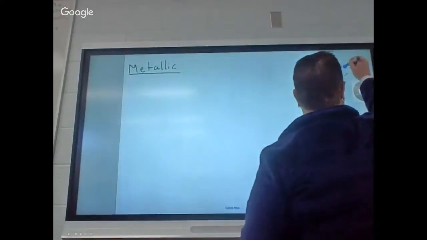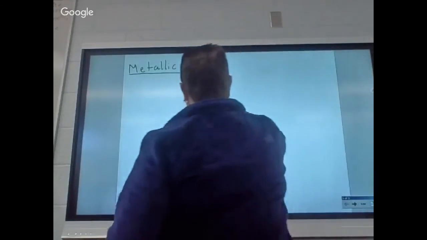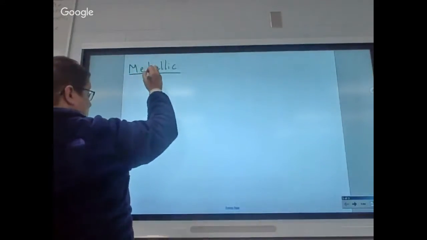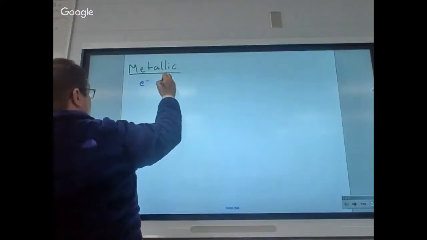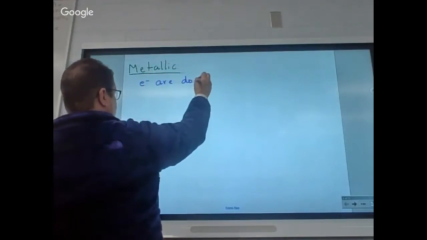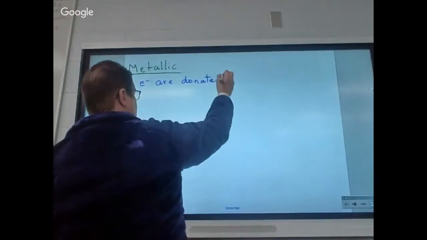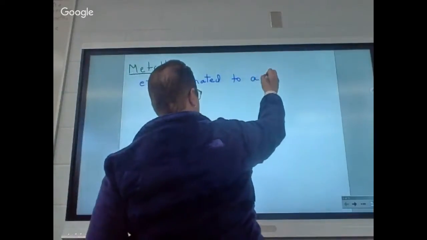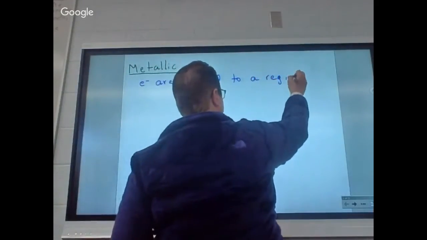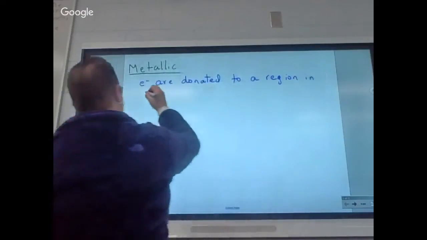Now, when we did a metallic bond, we said that a metallic bond was a bond in which electrons are donated to a region in space.